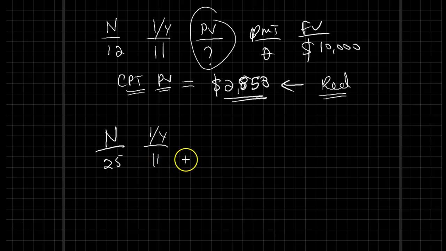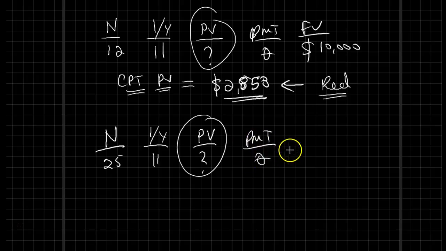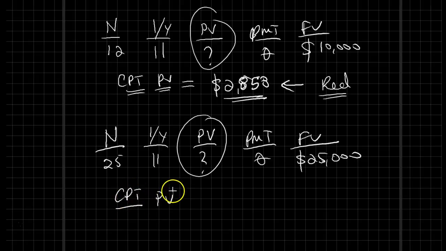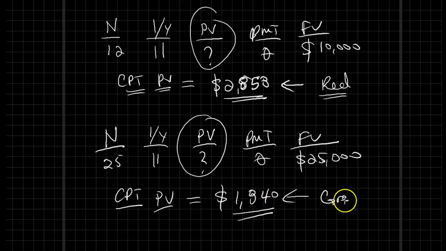I/Y is the same, our discount rate is 11%. The present value is our question as well. No payments, this is not a stream of payments, and we are promised $25,000 at the end of this 25-year investment horizon. So we compute the present value of this investment, and it comes out as, I believe, 1840, which is the same as before.